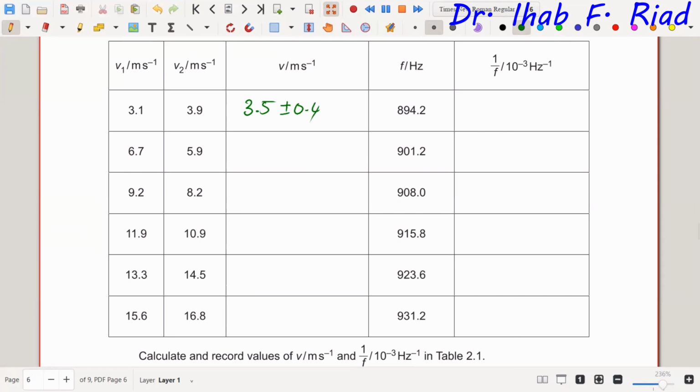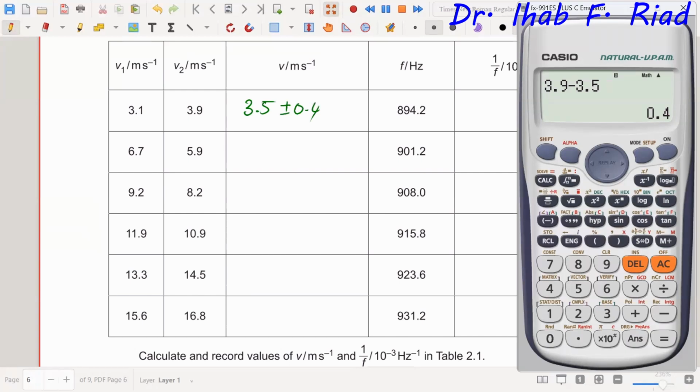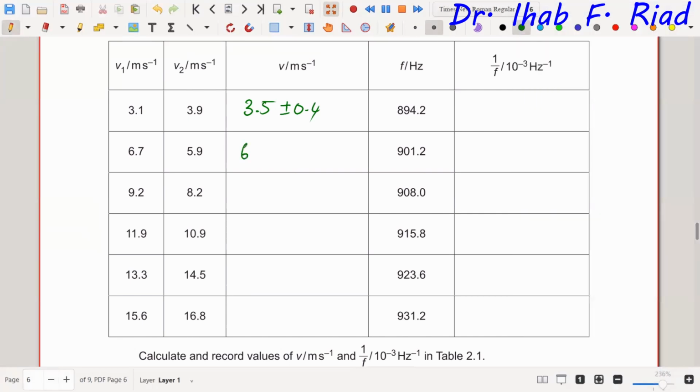Can you do the remaining yourself? It is 6.3, and the absolute uncertainty is 0.4.